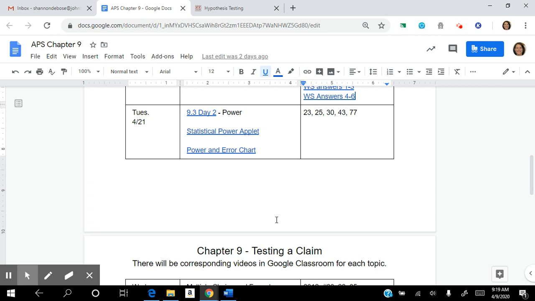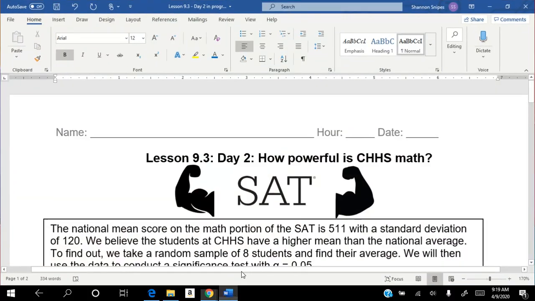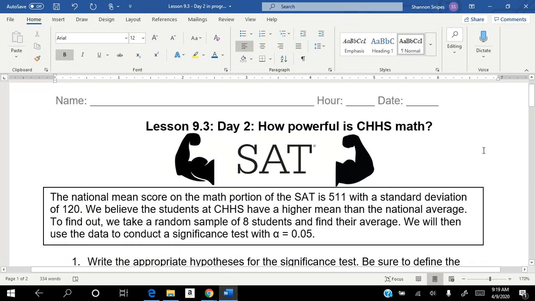The power of a test is the ability of the test to actually make the correct decision, to make the decision that our alternative could possibly be true, that the evidence that we found might actually mean something. So today we're going to investigate what statistical power is, and to do that, we are going to go through lesson 9.3, day 2.